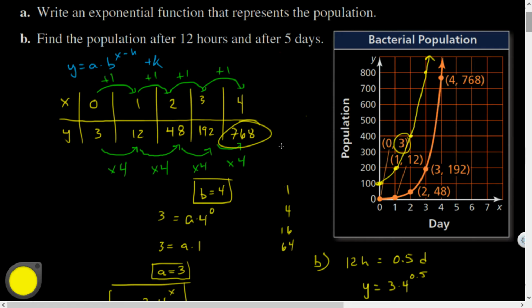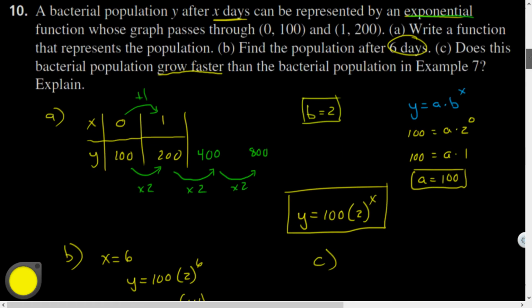It's bigger. But will that always be the case? Because example 7 was quadrupling every day, whereas in question 10, it was only doubling every day. So it grows slower than example 7.